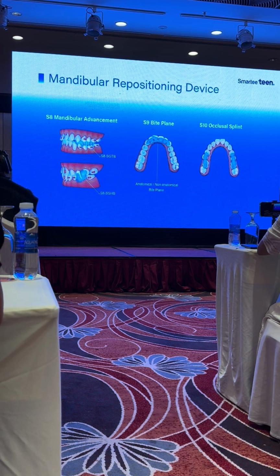But when we put the mandible forward and there's no open bite in the posterior region, or just less than 1 or 2 millimeters of open bite in the posterior region, we cannot use the SGTB. We must use SGHB or SGHB plus. So there's a new form combined with the SGTB and SGHB, called SGHB plus.